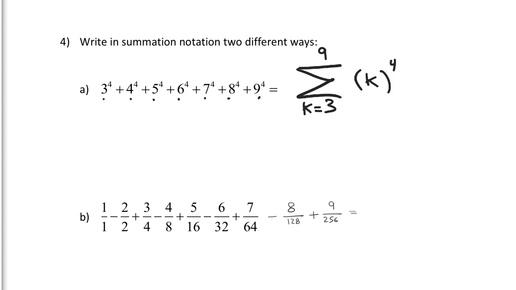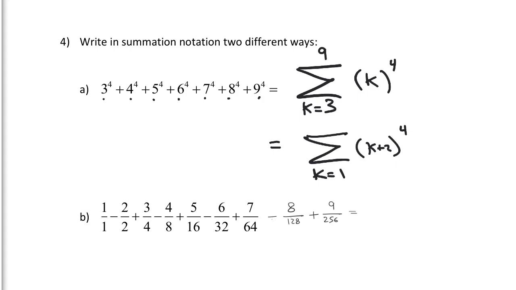Another way to write it would be instead to say I'm going to start at k equals 1. It's still going to be something to the 4th, but this time my first thing to the 4th is 3. So if I just started with k, I would have 1, so I need to get up to 3, so I'd have k plus 2 to the 4th.